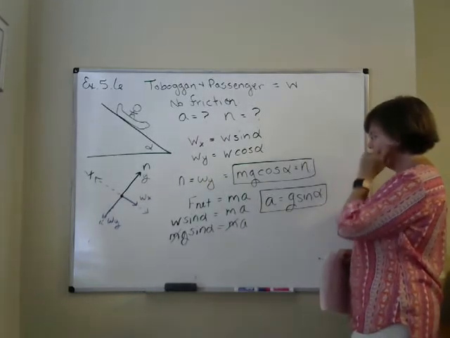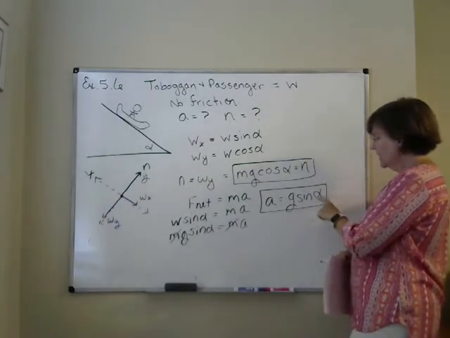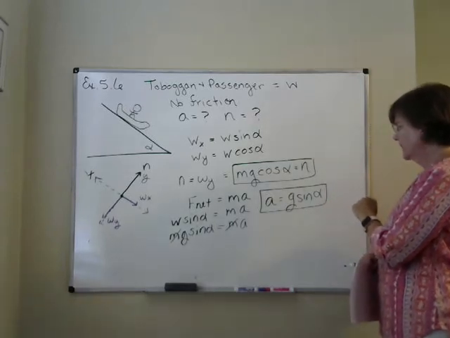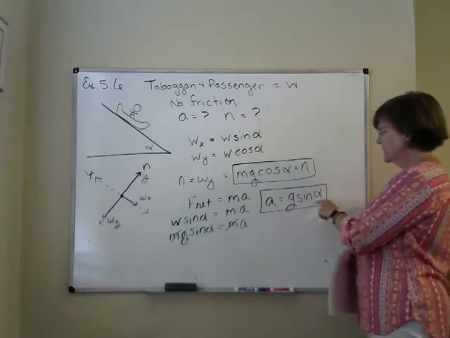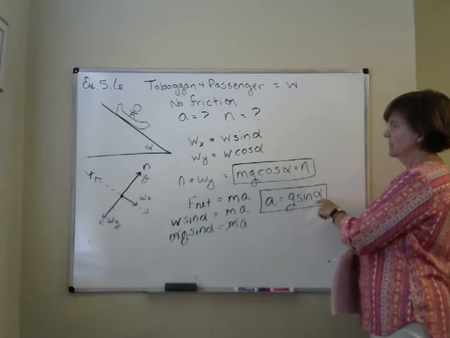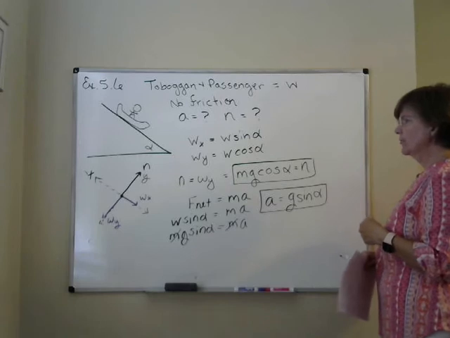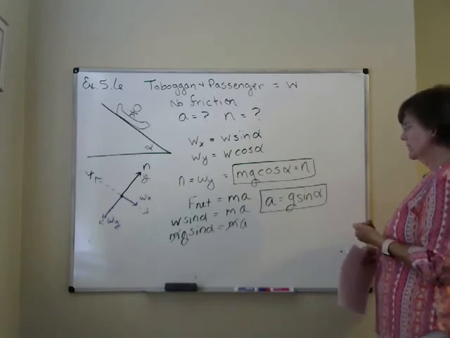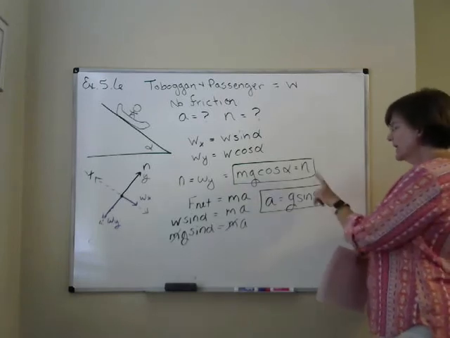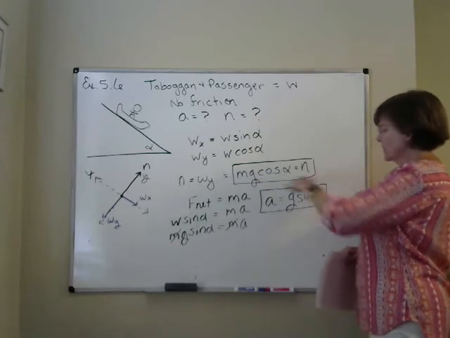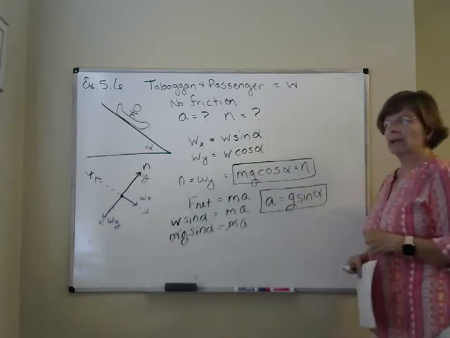It does depend on the angle. If I let the angle be 0, sine of 0 is 0. That would be a horizontal surface, and you wouldn't accelerate at all.